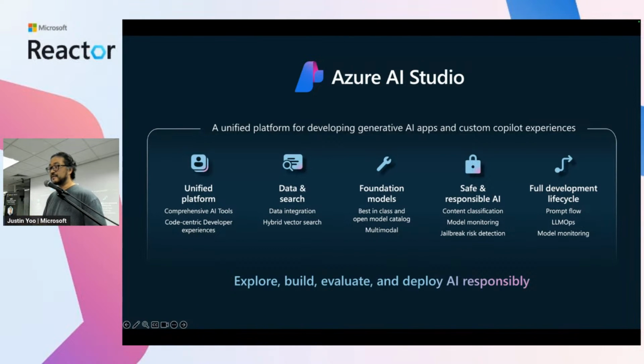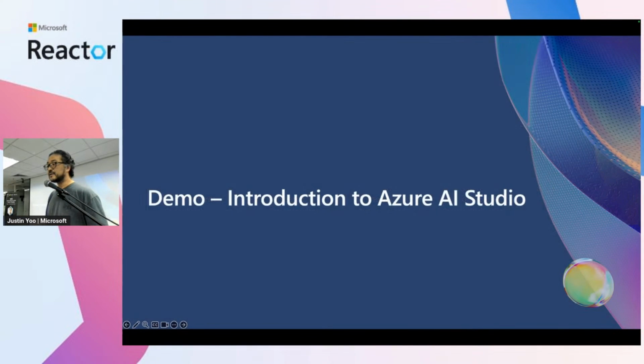It incorporates Microsoft data and technologies, and several foundation models, in a safe and responsible way. It brings a full end-to-end development lifecycle that supports emerging trends like LLM Ops for managing the lifecycle and versioning of AI systems. So let me introduce AI Studio first.